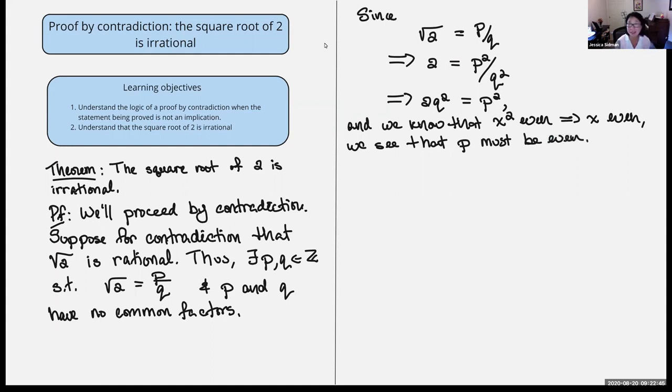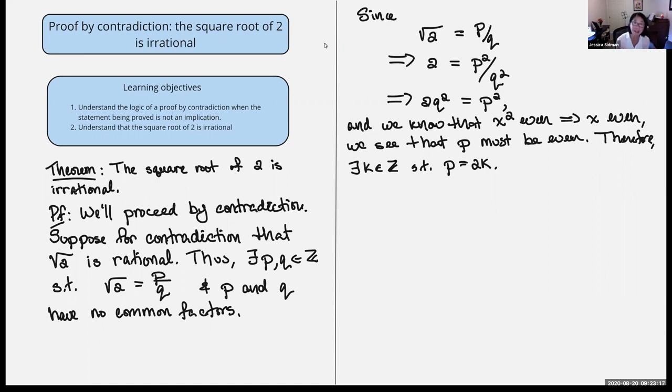Because p squared is even, right? p squared is equal to 2q squared. Therefore, what can we do? Well, if p is even, then there exists an integer k such that p is equal to 2k. So we've used another definition, another thing that we know in this proof.